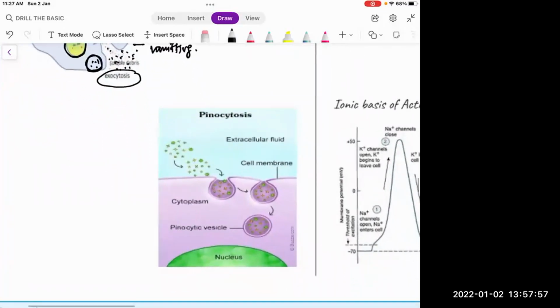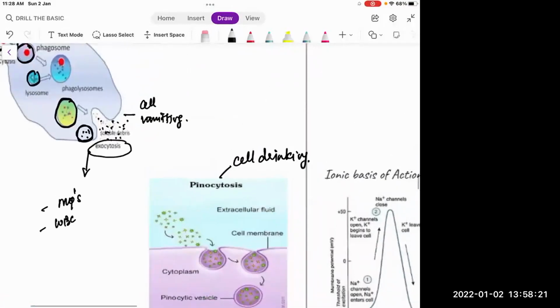And pinocytosis is like cell drinking. In case of phagocytosis, you will mainly encounter macrophage cells, phagocytes, and that is mainly mediated by most of the white blood cells. Whereas in pinocytosis, cell drinking, the cell is absorbing some of the fluid molecules.